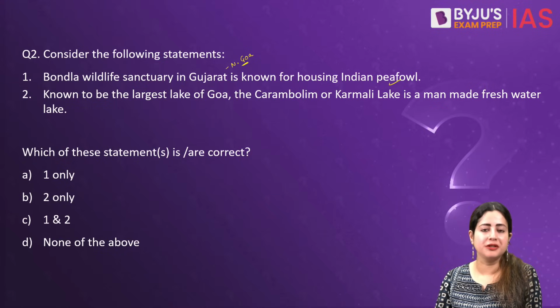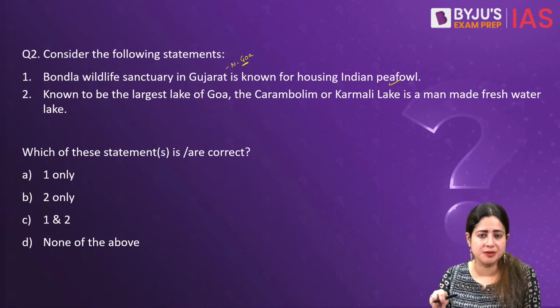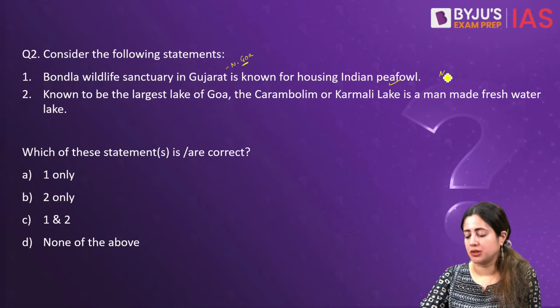A lot of people often get confused, thinking that Bondla is also one of the largest national parks in Goa, but that's not the case. Because the largest protected wildlife region in Goa is Bhagwan Mahavir National Park. In fact, it is known to house one more national park within its ambit, and that's the Molem National Park.